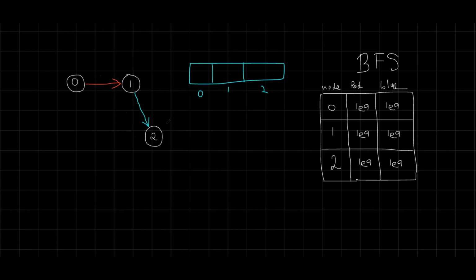Now, to solve this problem, at first, we have to use some graph traversal technique. So we will use BFS or DFS. Now, we have to maintain a two-dimensional array. In this array, basically, it contains 3 columns. The first column is the node itself.